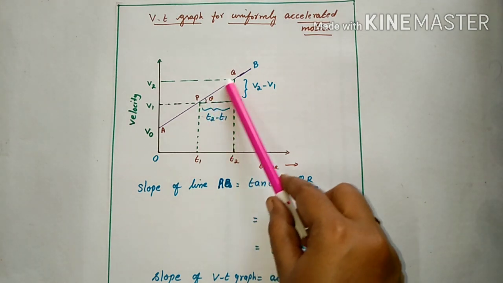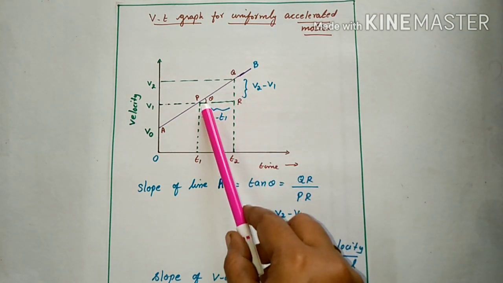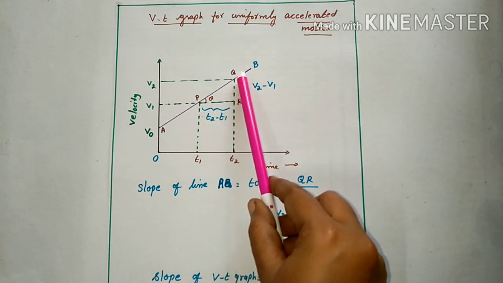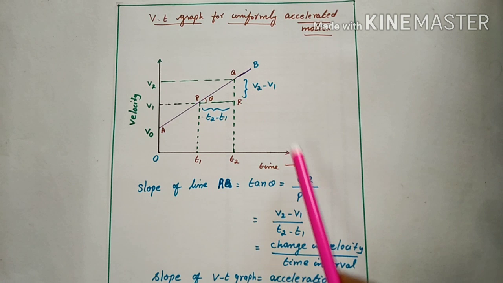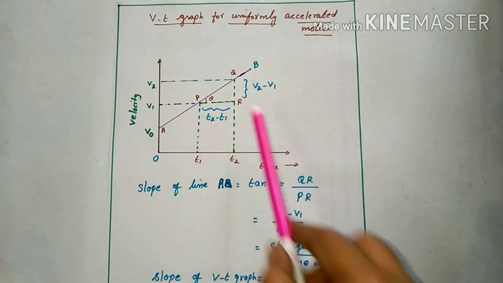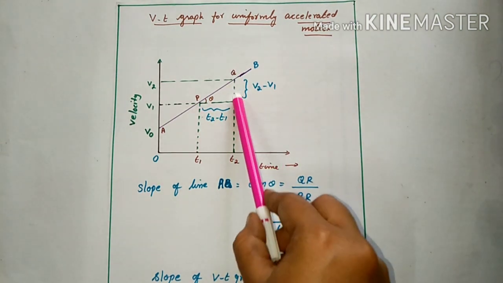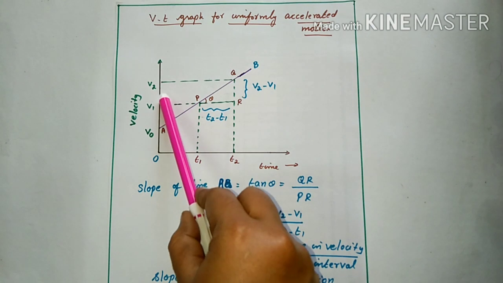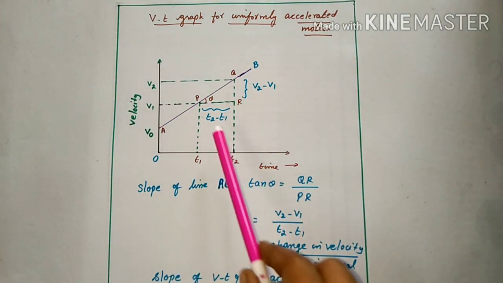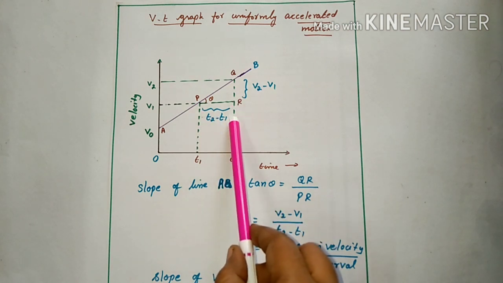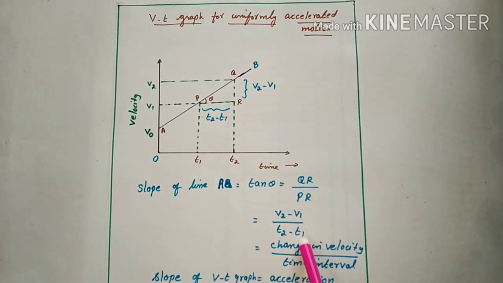So slope is PQ, that is equal to tan theta. So tan theta equals opposite side by adjacent side, that is QR divided by PR. What is QR from the figure? It is the difference between the velocities, v2 minus v1, divided by PR, which is the time interval t2 minus t1.